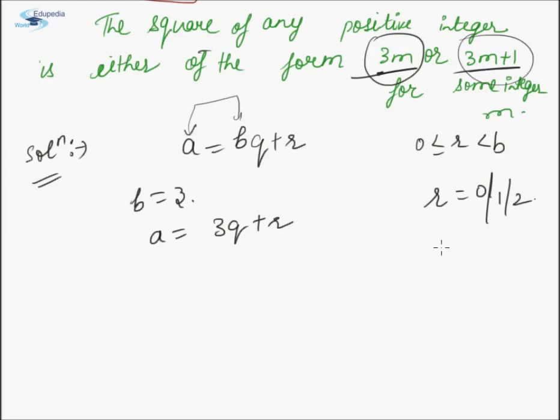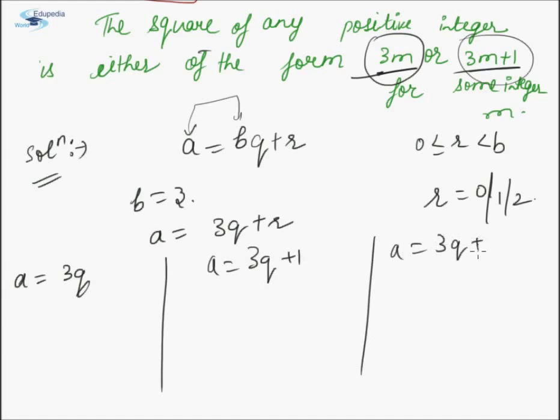So we will have three situations, that is, a will be 3q, or a will be 3q plus 1, or a will be 3q plus 2, with the assumption that b is 3. Now we need to prove the square of any positive integer. So let us square all the equations on both the sides.